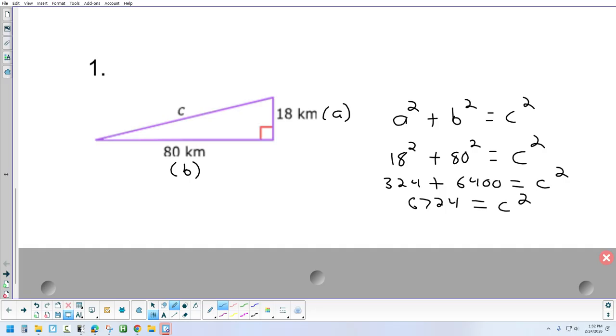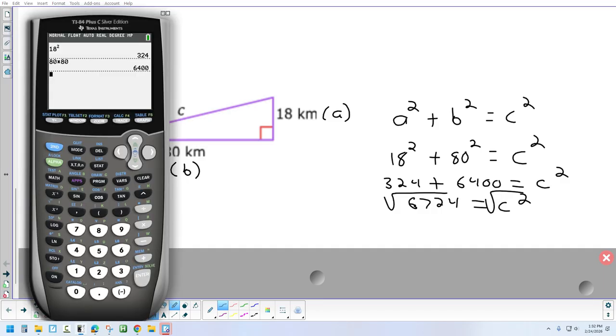So anybody know the very last thing you have to do to get rid of this exponent of 2? Yep. Square root. Yep, exactly. Take the square root on both sides. And whatever the square root of 6,724 is, that is your answer. The square root of 6,724 is 82.